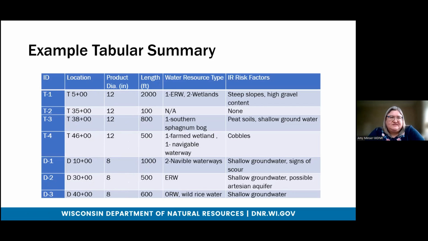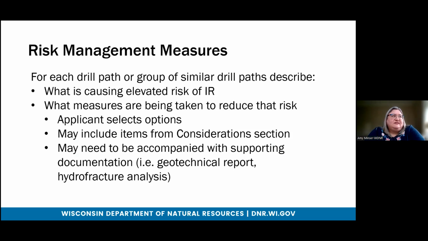That lets us quickly focus our review time where it matters the most. And then risk management factors. So for each drill path or groups of drill paths that have similar characteristics, we want to know, okay, what's causing the additional risks and what are you going to do about it?